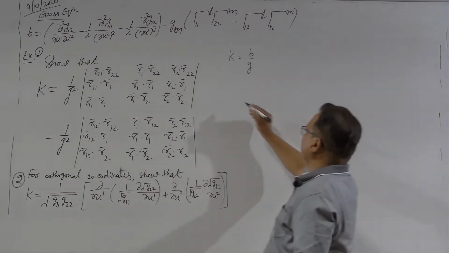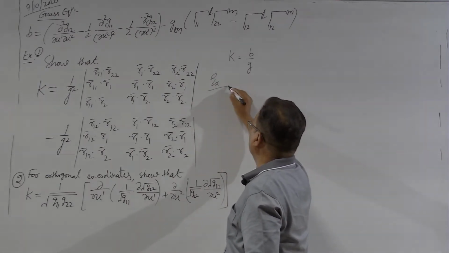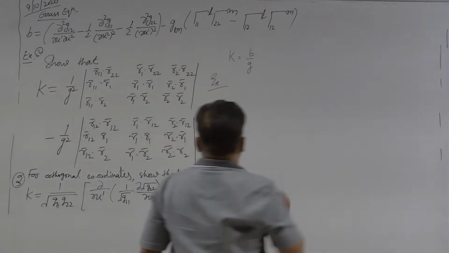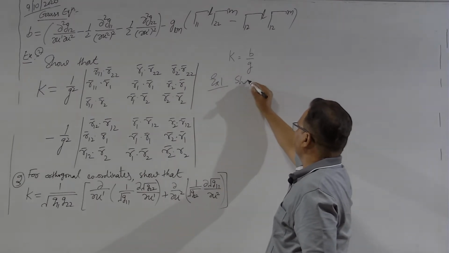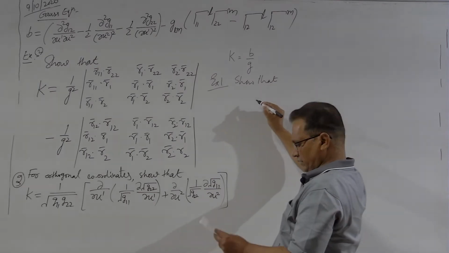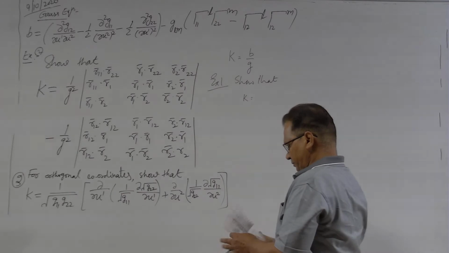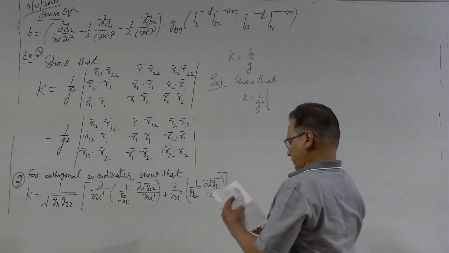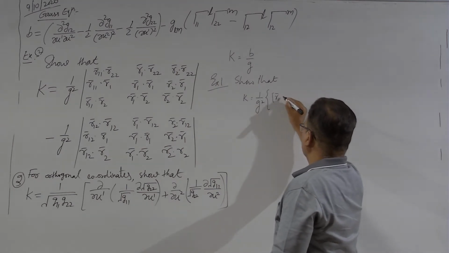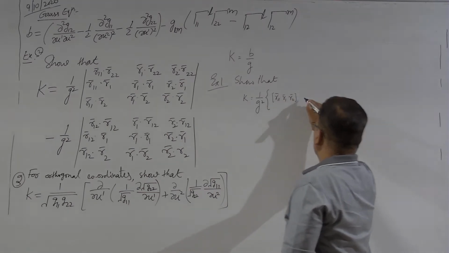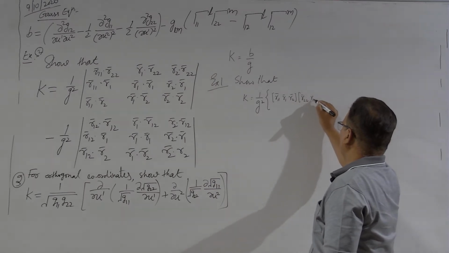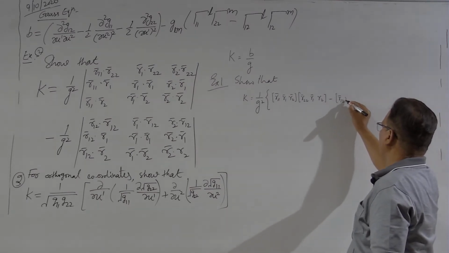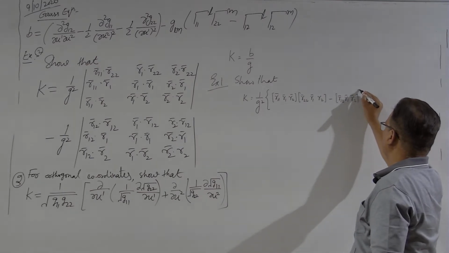Now, what we have to show in this exercise, exercise number 1, is the following: that K equals 1 upon G square into the scalar triple product of R11, R1, R2, scalar triple product of R22, R1, R2, minus scalar triple product of R12, R1, R2, whole square.